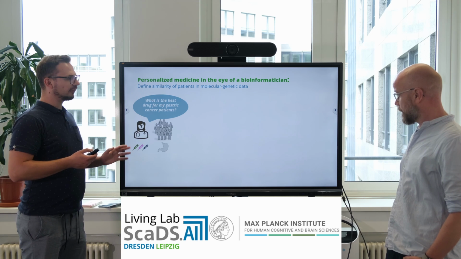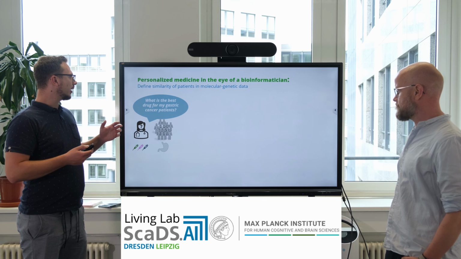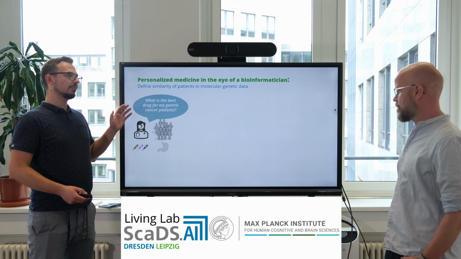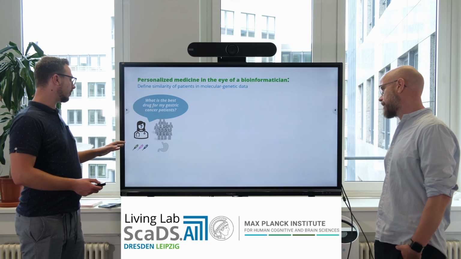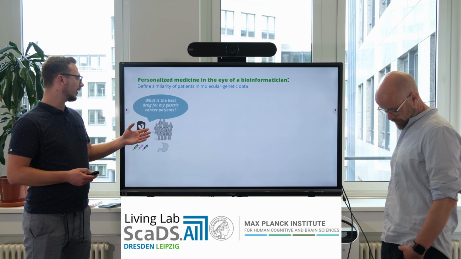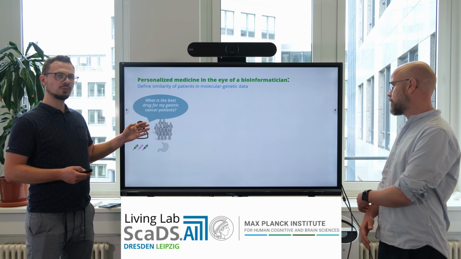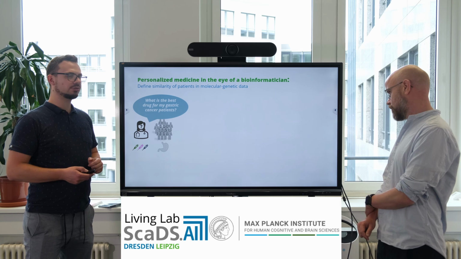So think of a doctor who might have the problem that he would like to know what is the best drug for their gastric cancer patients, and he might have 3 different drugs available, and he would like to define which group of patients should get which drug.